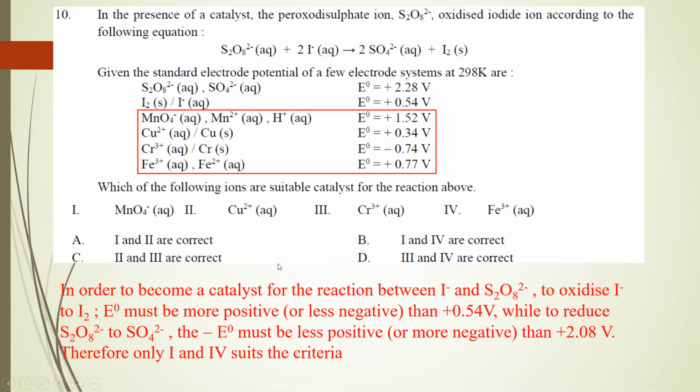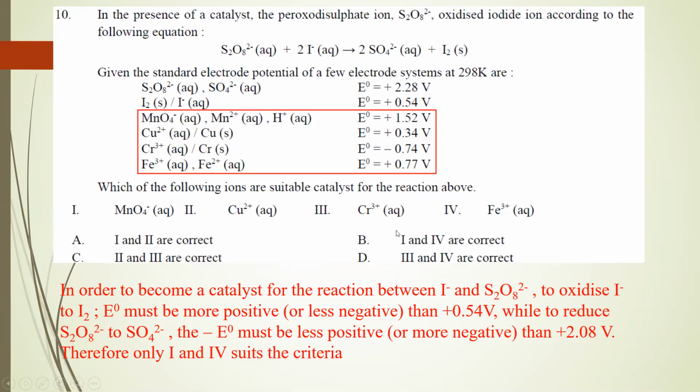So in order to become the catalyst for the reaction, to oxidize I- to become I2, E naught must be more positive or less negative than 0.54. That means it must be more positive. While to reduce S2O8 2- to SO4 2-, the E naught value must be less positive or more negative than 2.08.